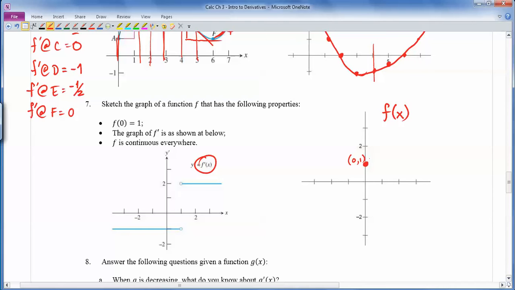So since this graph on the left is f prime, and down here f prime is -1, we know that the slope of f is -1 from this x value to this x value. And we know that the slope of f is going to equal +2 for all of these values over here.